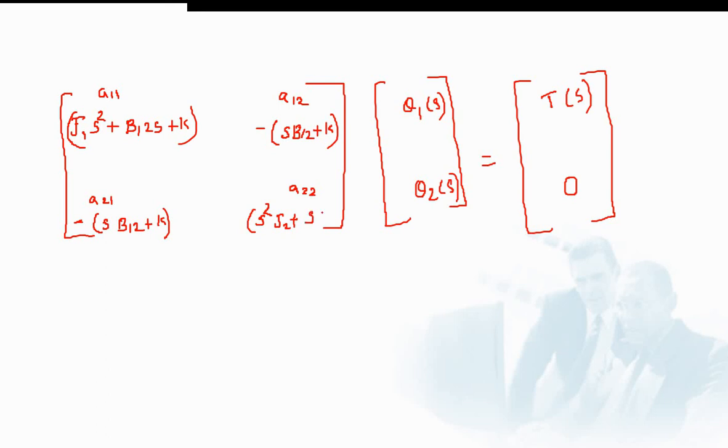So it will be sB plus the other elements are B12 and K. So K plus sB12. So by this method also you can directly write the matrix. So if you get this matrix, you can find the transfer function using Cramer's rule. So thank you.